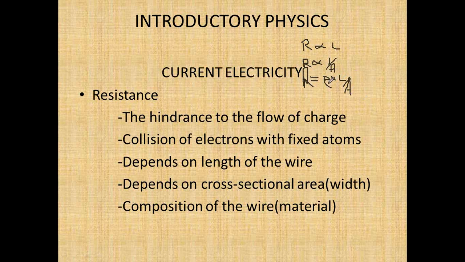It's equal to some constant times the length of the wire divided by the cross-sectional area of the wire. This constant is what we call the resistivity. The resistivity is dependent on what the wire is made of, the composition of the wire. So this constant we call the resistivity is dependent on the composition of the wire, the material that the wire is made of. Okay? So that is resistance. So you try and remember that.